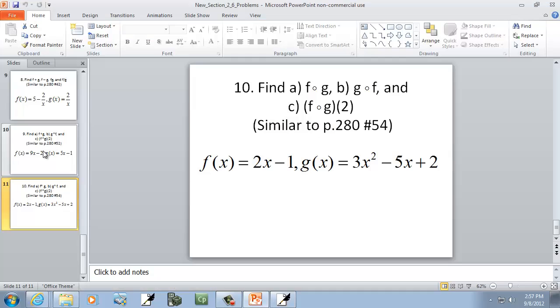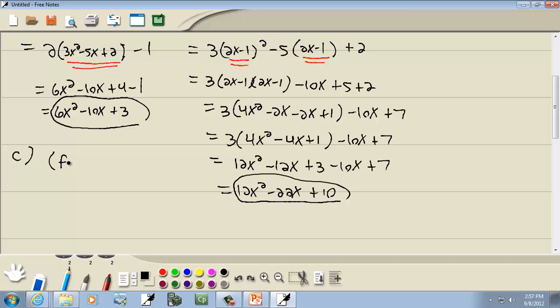Okay, part C. We want to find the composition of f and g first, and then plug in 2. Well, we found that right here. That's 6x squared minus 10x plus 3. That's the composition of f and g. So now we want to plug 2 in for x.